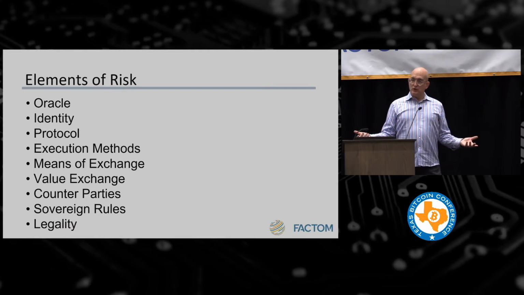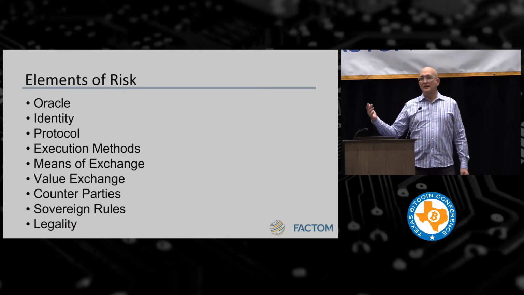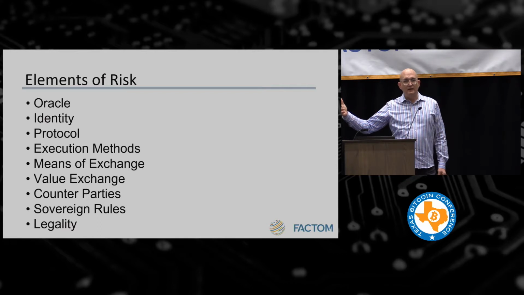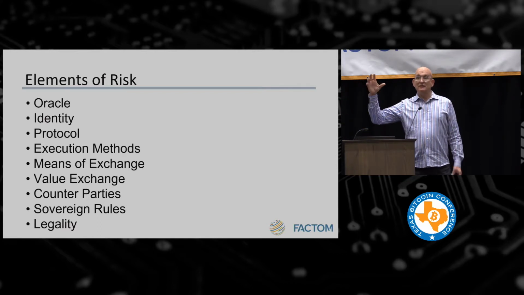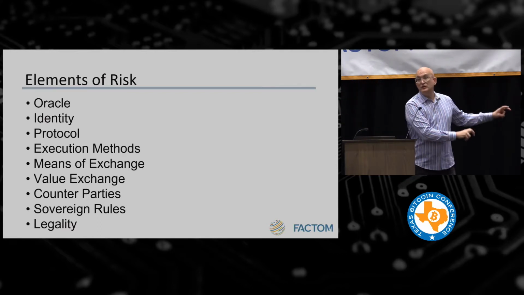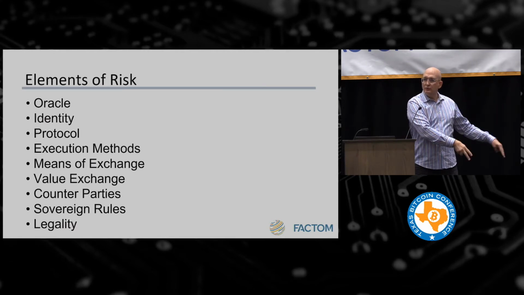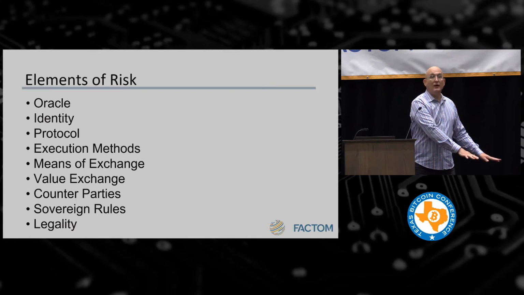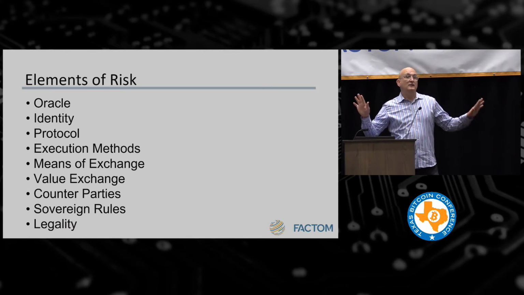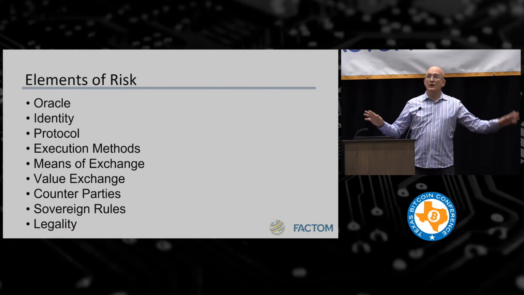So the tricky part becomes, and we'll talk about this in a second, when I mix the on-chain world with the off-chain world, how do I prove the off-chain world happened? This is the problem we're having with stablecoins at the moment. Great, it's backed up by gold. How do I know the gold is gold?